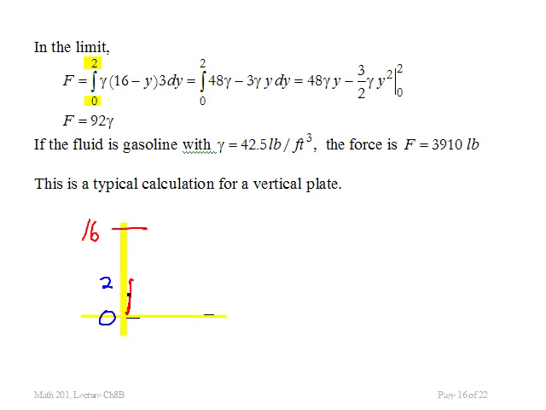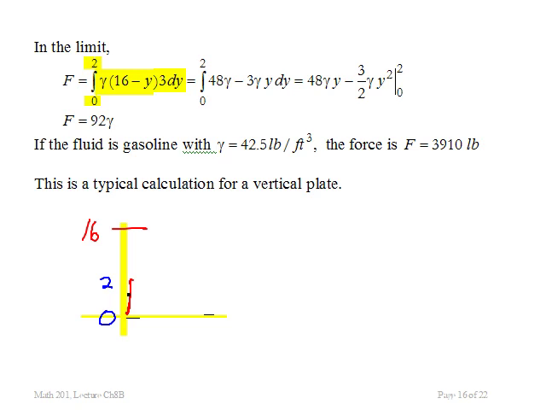Here's 16, which is the top of the water. Okay, 0 to 2. Here's the first expression: gamma times 16 minus y is the pressure, and 3 dy, or delta y, is the area. It's easy to calculate, and I get 92 times gamma, being a specific weight.